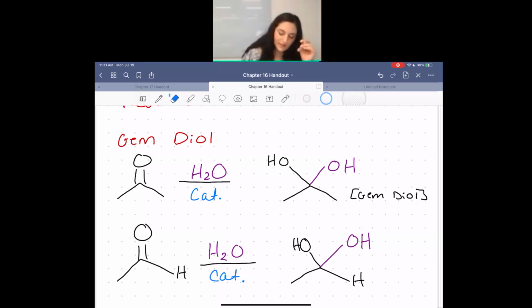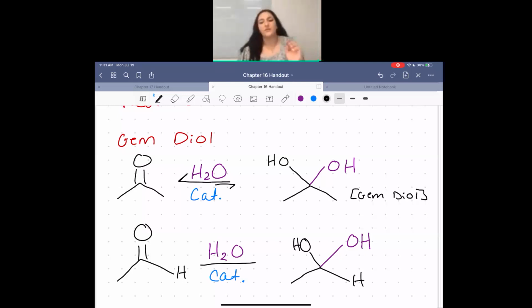So in the ketone example, is the equilibrium pointing towards the ketone or towards the gem diol? Towards the ketone, exactly. So the long line goes this way, the short line goes this way. How about in the aldehyde example? Do we prefer the aldehyde or the gem diol? Yes, exactly. We prefer the gem diol. So the arrows are just going to be opposite here.